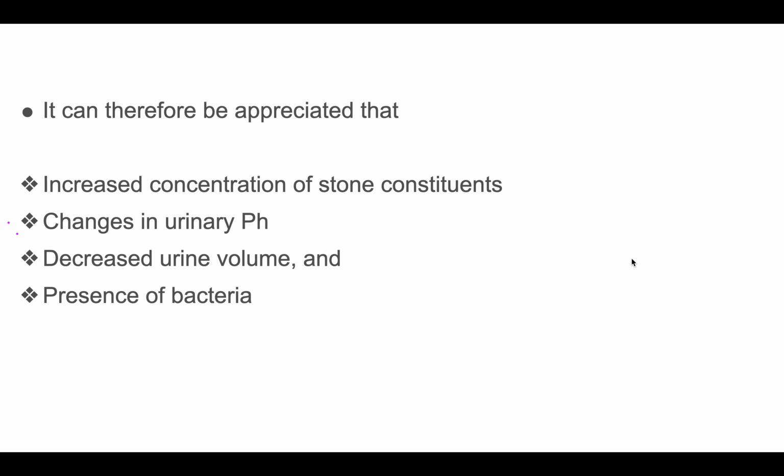Now it should be known to you that stones can form whenever there is an increase in the concentration of the stone constituents. If there is a change in the urinary pH, some stones form in alkaline urine and some stones form in acidic urine. Other factors are if the patient is dehydrated or consuming less water, and the presence of bacteria, especially in the case of triple phosphate stones.